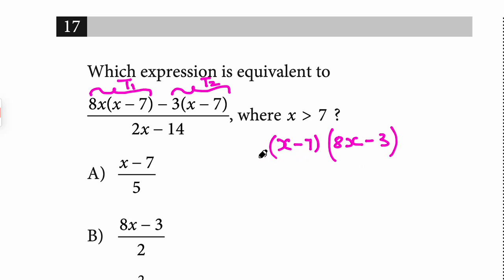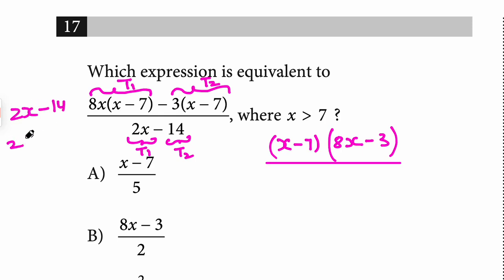Okay, numerator solved. In the denominator, we can see 2 is common in both terms. This is term 1 of the denominator and this is term 2. So 2x − 14 you can write as 2(x − 7). So 2 is common in both, right?